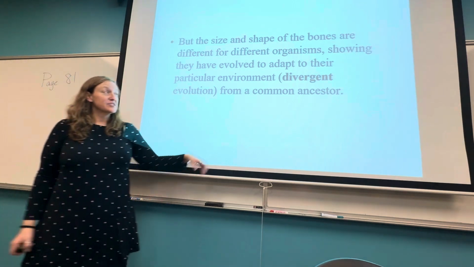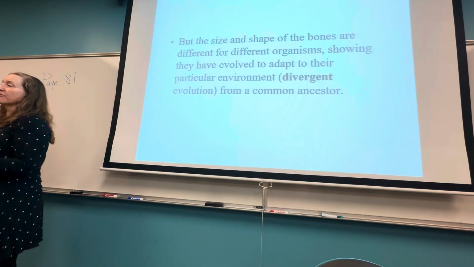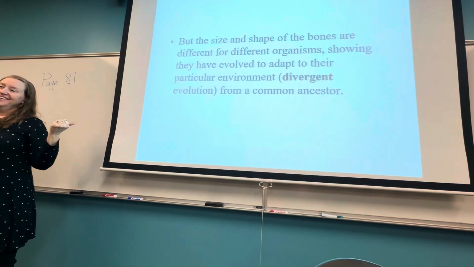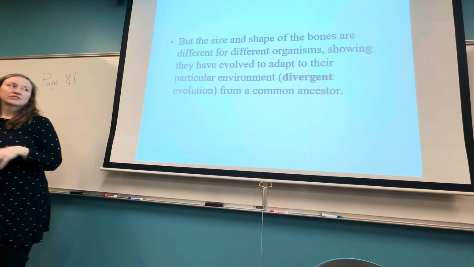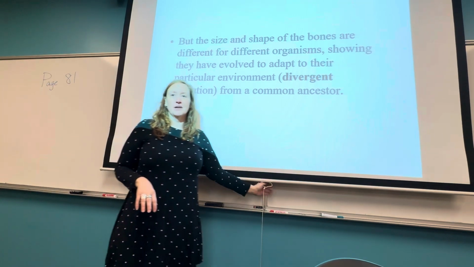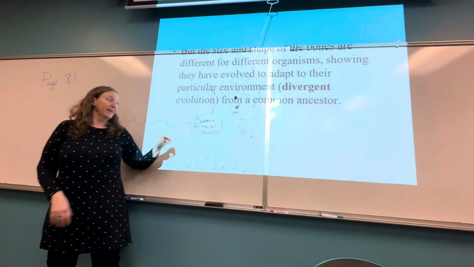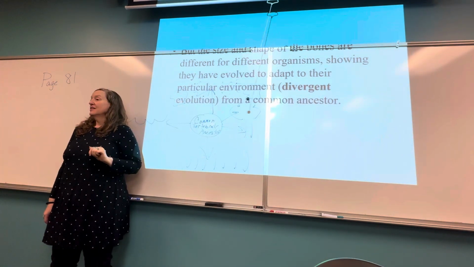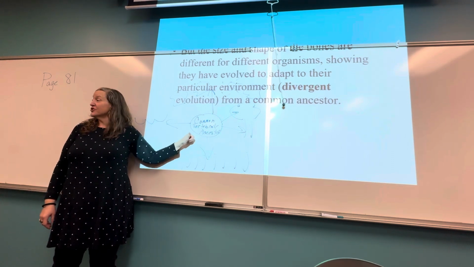What we call this is divergent evolution. When something diverges, it goes away from the middle. So in my illustration here, because the arrows are moving away from the common ancestor, organisms who have homologous structures show divergent evolution.